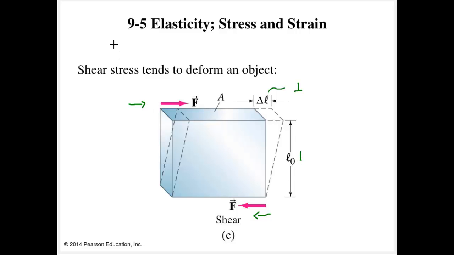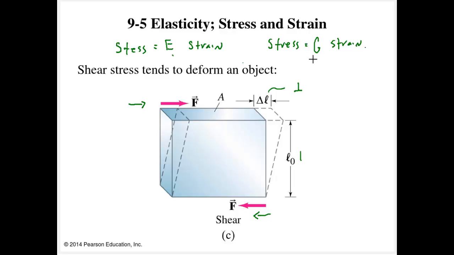Now, unlike the past two, tensile and compression stresses, where I was able to write that the stress is equal to Young's modulus multiplied by the strain, with this type of shear stress, I have to write that the stress is going to be equal to this shear modulus G multiplied by the strain.